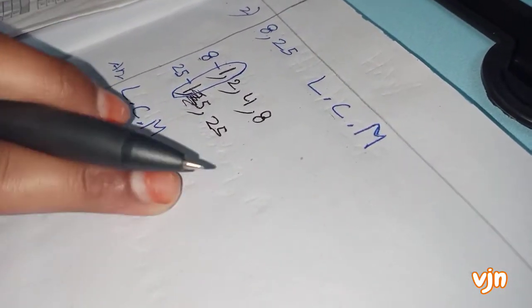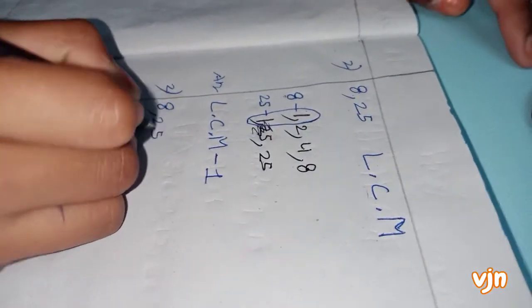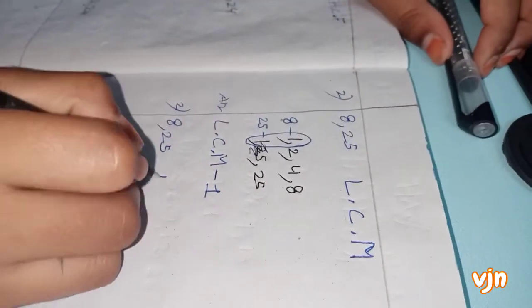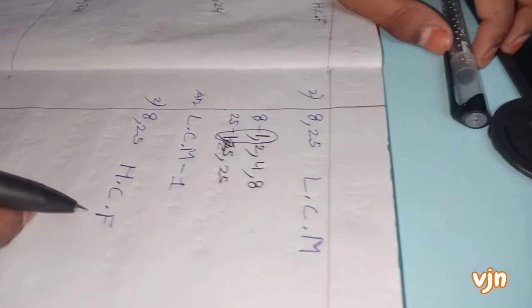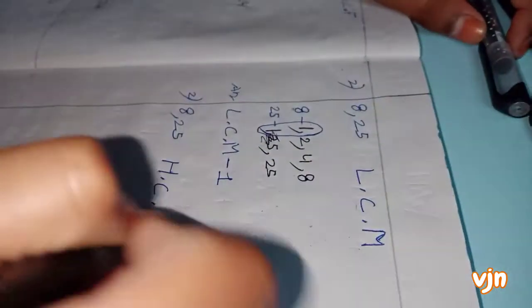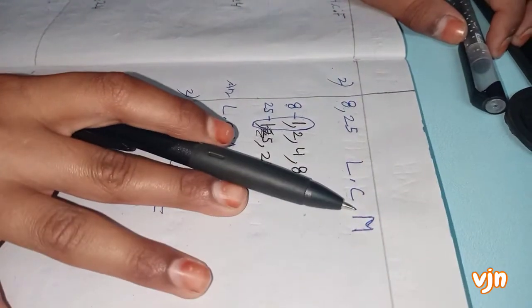Now let's move on to the next one, which is also the same one, but we are going to go with highest common factor. Let's write the same question again. Yes. And HCF. Now listen guys. F and M are same. F means factor. M is multiple.